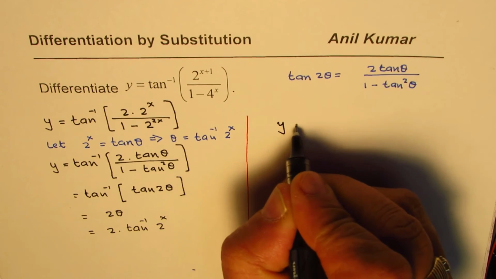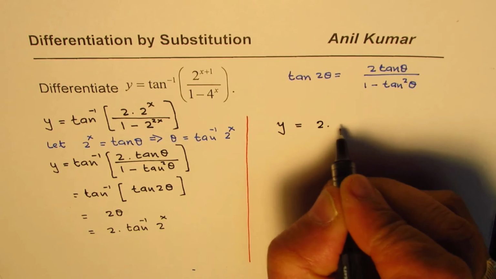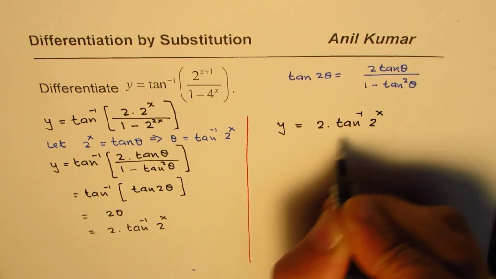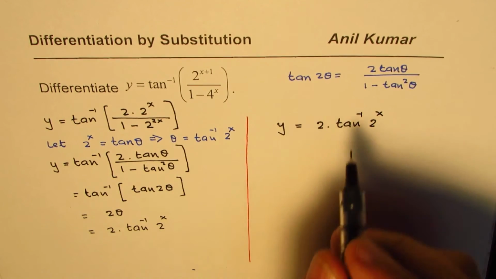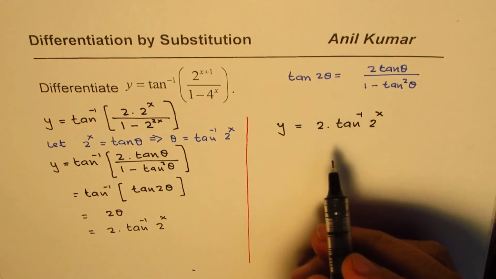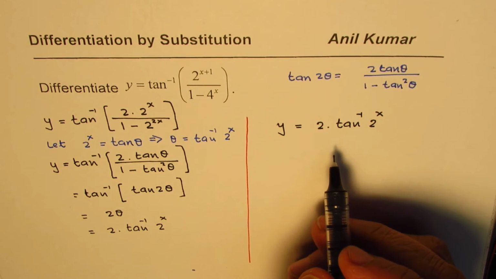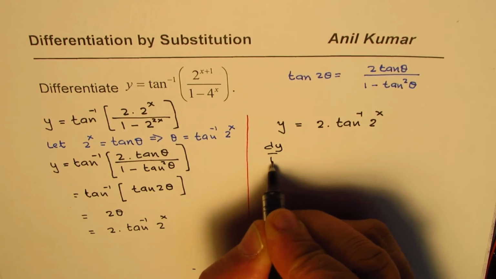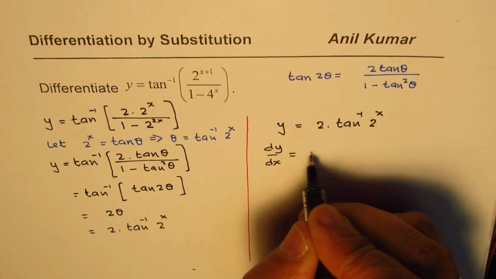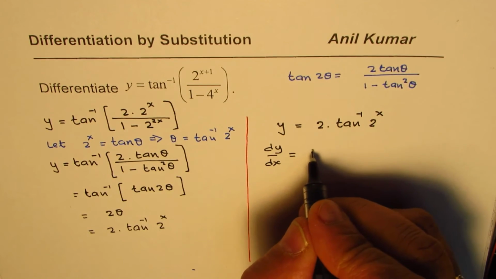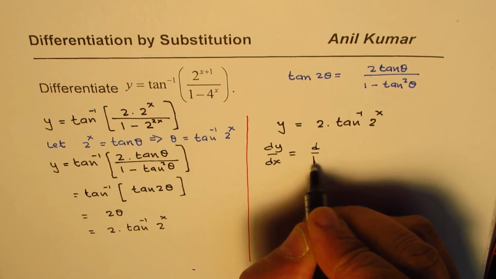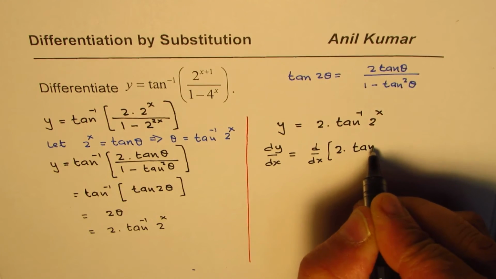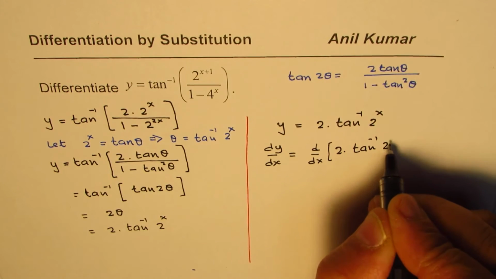So what we have here is now y equals 2 times tan inverse of 2 to the power of x. Now we know the derivative of tan inverse x is 1 over 1 plus x square, right? So we can find dy/dx as the derivative of 2 times tan inverse of 2 to the power of x.